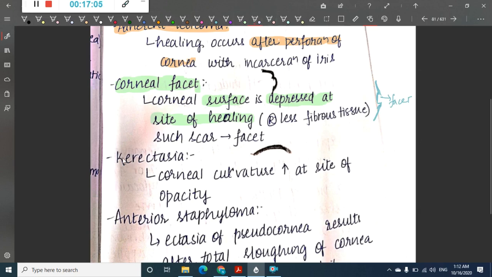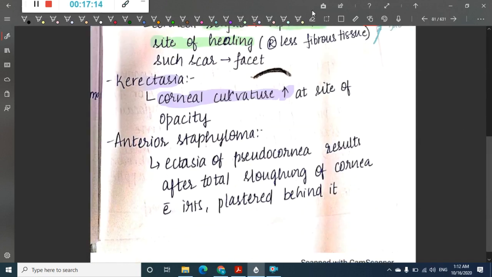Okay, then we have keratectasia. Keratectasia is increase in curvature of the cornea. Then anterior staphyloma can also occur. Anterior staphyloma is ectasia of pseudocornea. So these are the different corneal opacities which can occur.